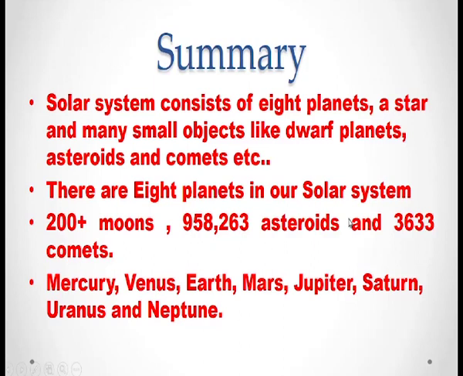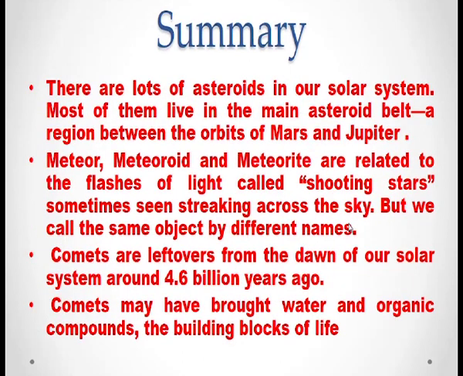The planets in our solar system are Mercury, Venus, Earth, Mars, Jupiter, Saturn, Uranus and Neptune. There are lots of asteroids in our solar system. Most of them live in the main asteroid belt, a region between the orbits of Mars and Jupiter.